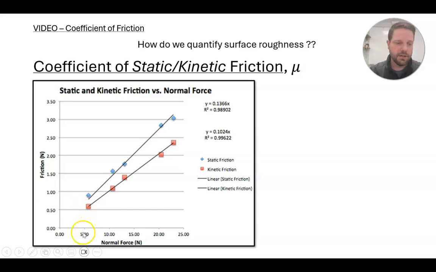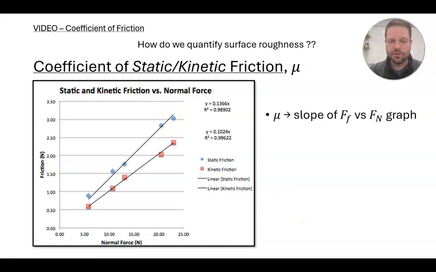So if we had this many newtons of normal force, we had this many newtons of friction. And as I increased and doubled the amount of normal force, I was able to increase friction, but that ratio would remain fixed. And it's that ratio that is the coefficient of friction.